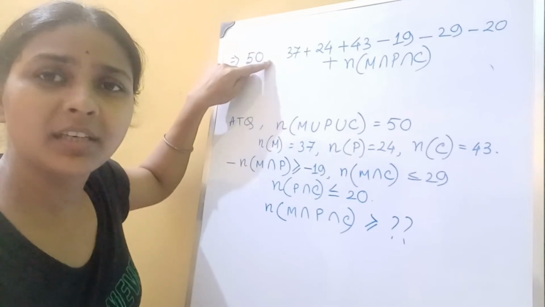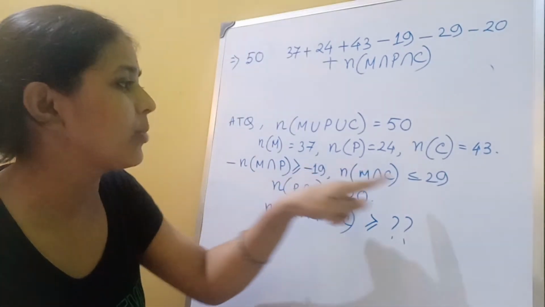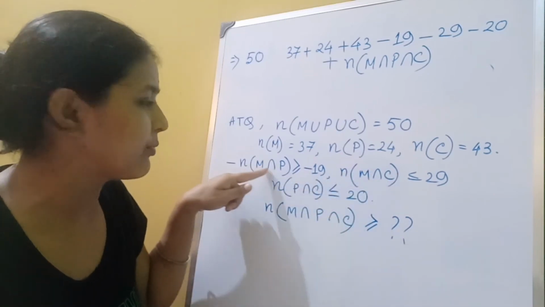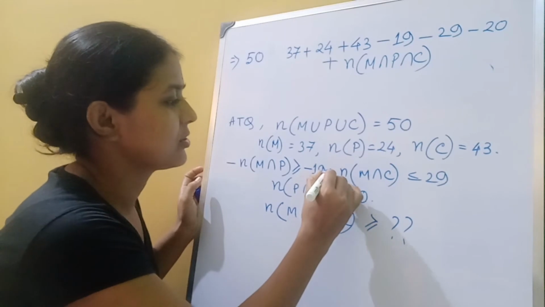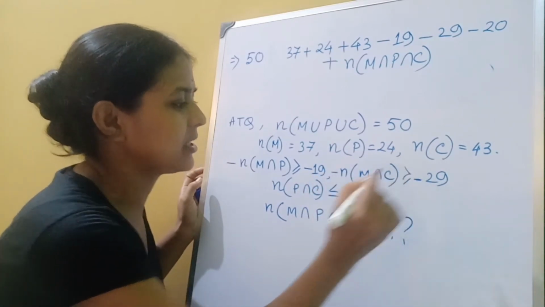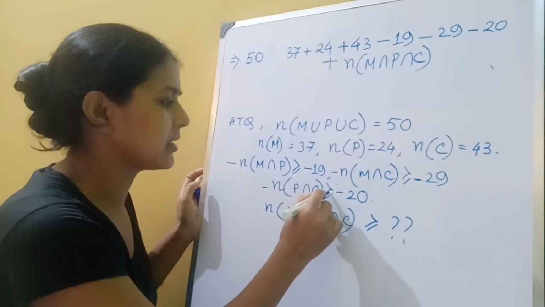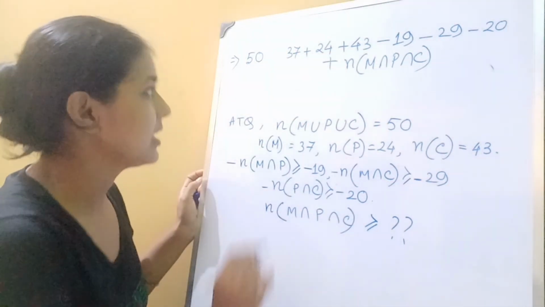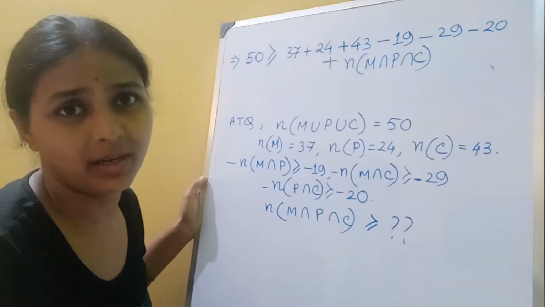The sign here depends on the inequality sign that we are taking for these three expressions. So this is minus greater than or equal to minus 29. This is also minus greater than or equal to minus 20. That means the sign here will be greater than or equal.